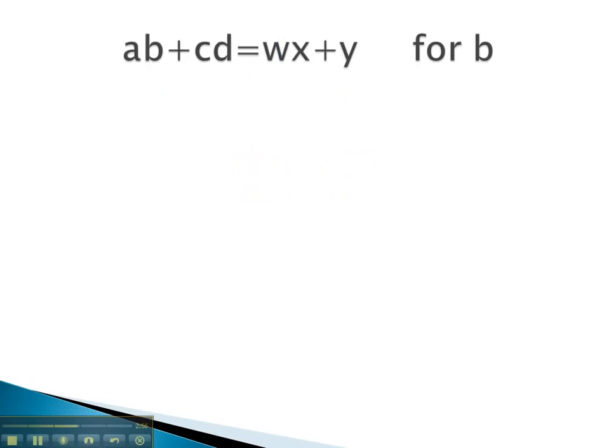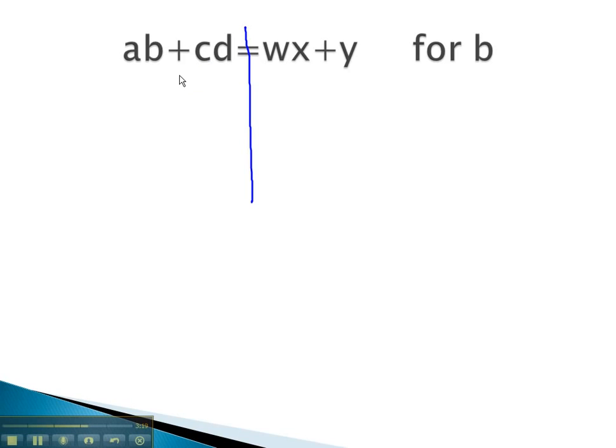In this next example, you notice that the variable we're solving for is b. Again, we will balance through the equal sign as we attempt to get the b alone. Focusing on this side of the equation, then, first we need to do the adding and subtracting. Currently, cd is added to the ab term.